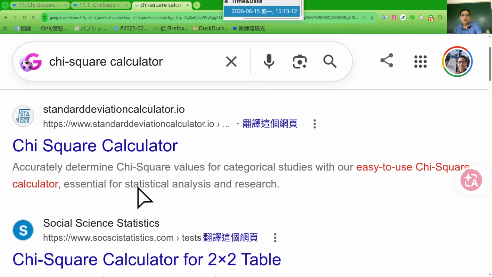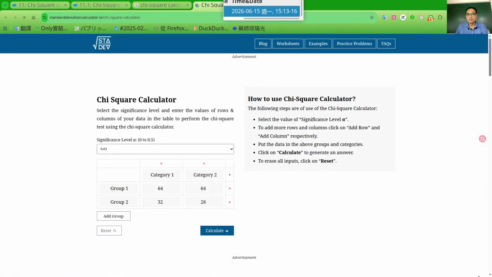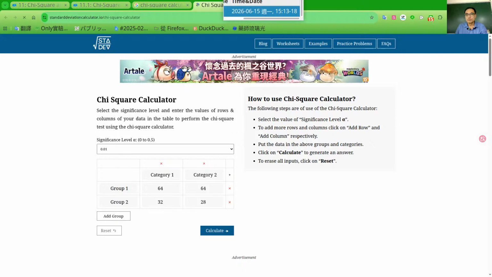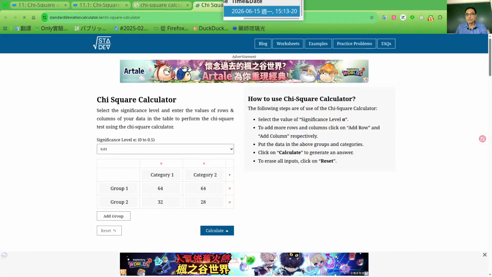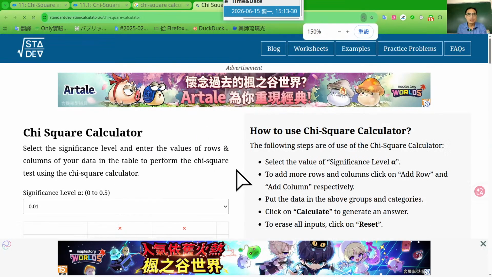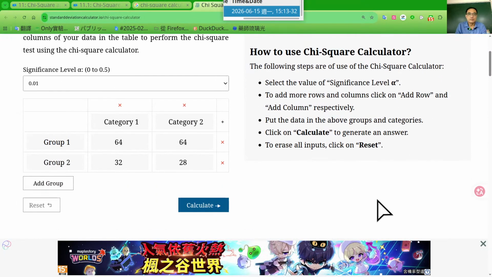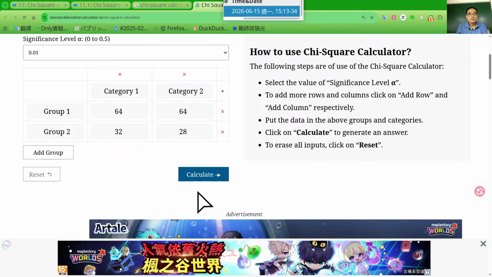Okay, if we have a chance to use the chi-square calculator, like this one. Oh, let me show you how to do this.